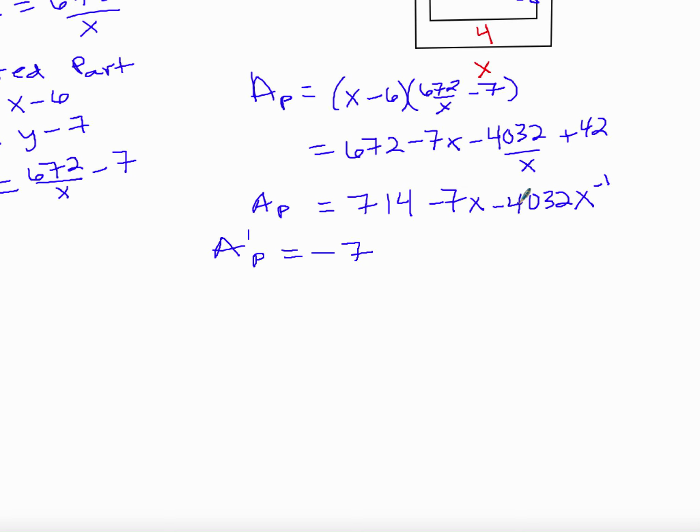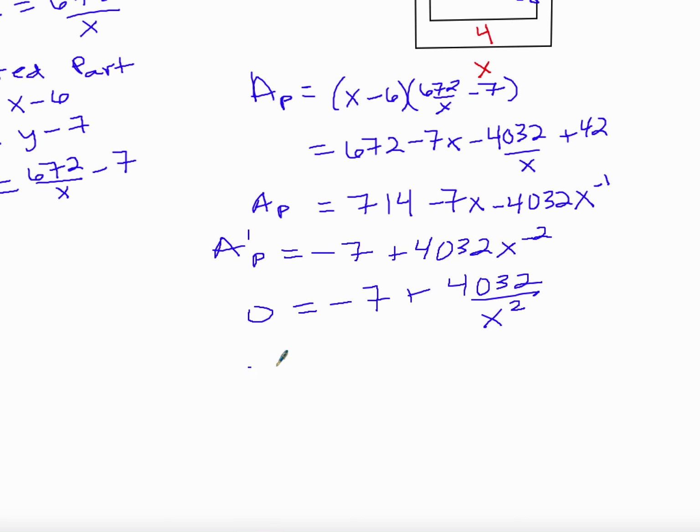And the derivative of negative 4032 X to the negative 1 power is positive 4032 X to the negative 2 power. I'm going to set that equal to 0 and solve. I moved my X squared down to the denominator and made it positive.